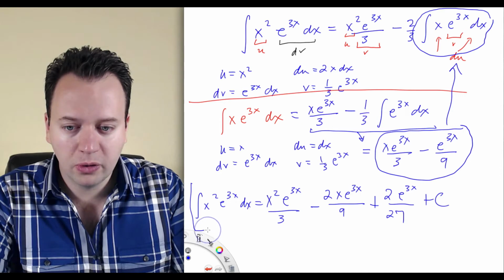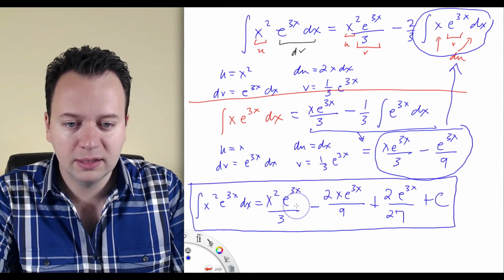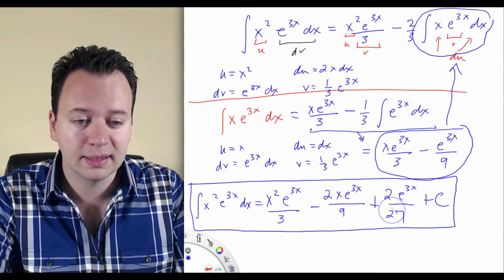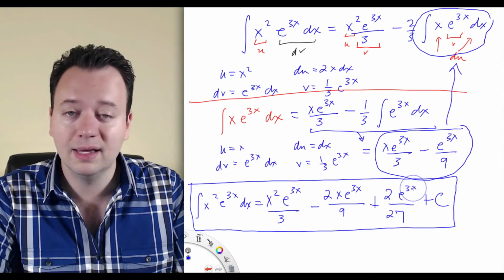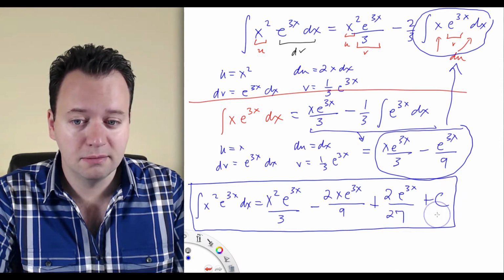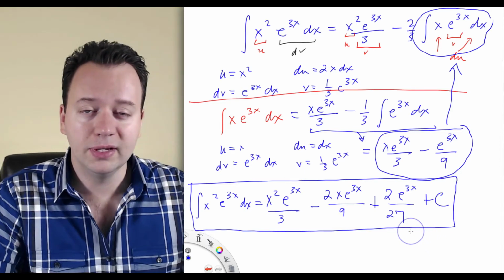So our integral of x squared e to the 3x is x squared e to the 3x over 3 minus 2/9 x e to the 3x plus 2 over 27 e to the 3x plus c. So there's the integral obtained easily and readily using integration by parts.